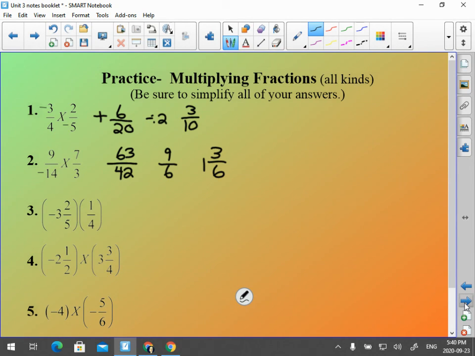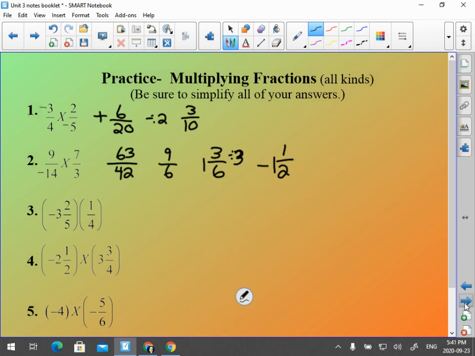And then we simplified this by dividing it by 3, which gave us 1 and 1/2. After you've done all of the steps like we had just done previously, you're going to go back and look at your integers. Okay, if I have a negative and I'm multiplying it by a positive, my answer is going to be negative. Okay, you always attach the negative in the front of your mixed numbers.